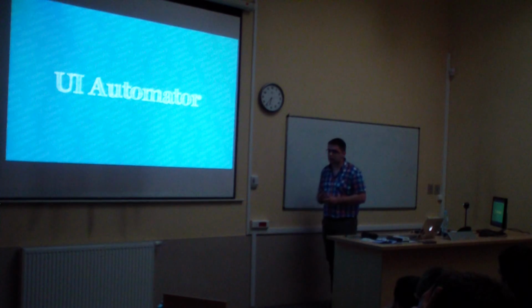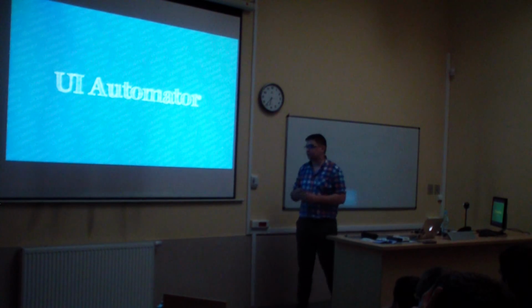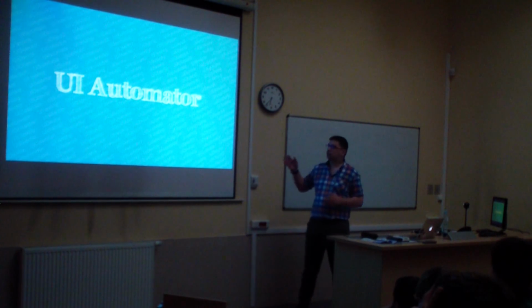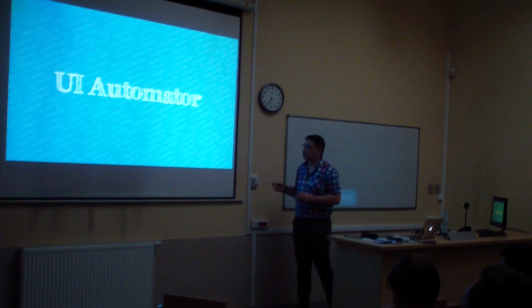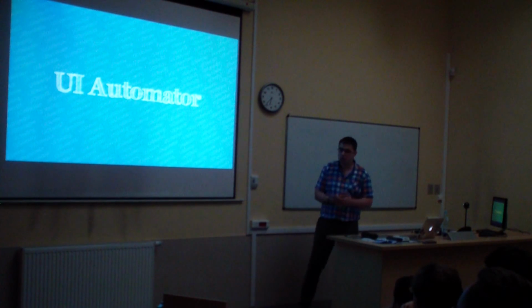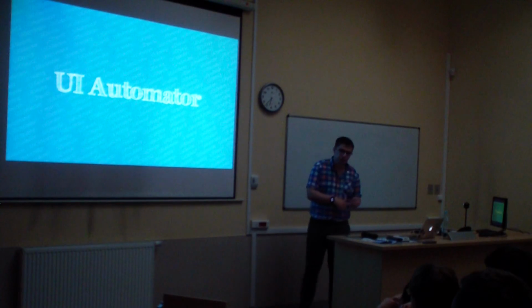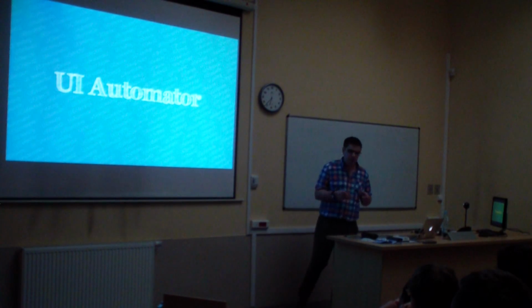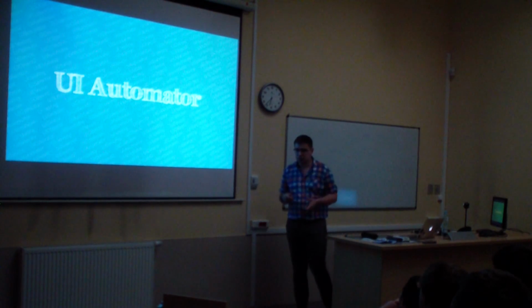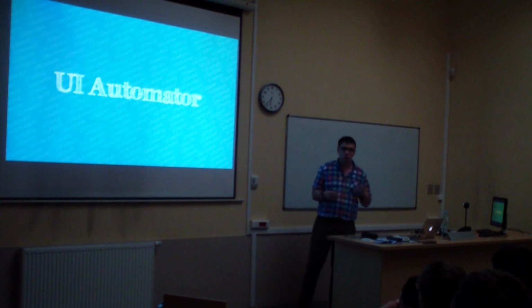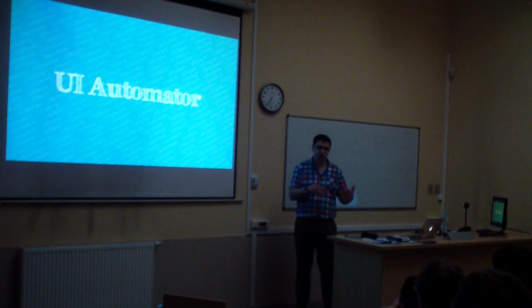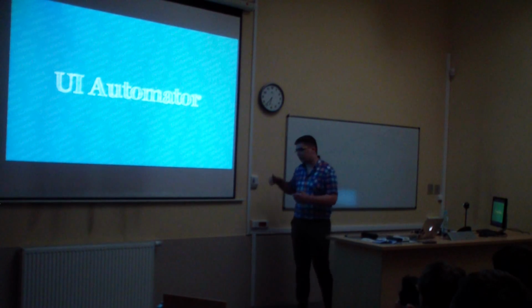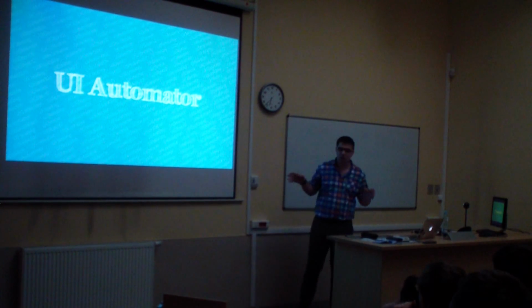UI Automator is a really cool framework when we're talking about working with system stuff. As an example, with permissions, because when you see a dialog with a permission, it's not an application dialog, it's a system dialog. Sometimes you want to verify a notification after clicking a button or something like this.